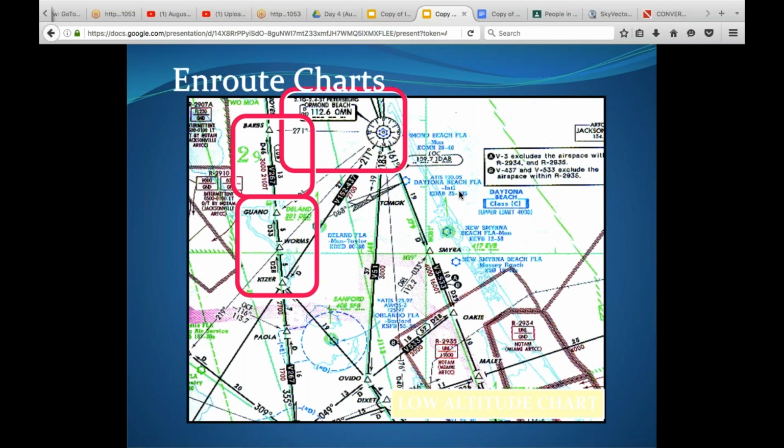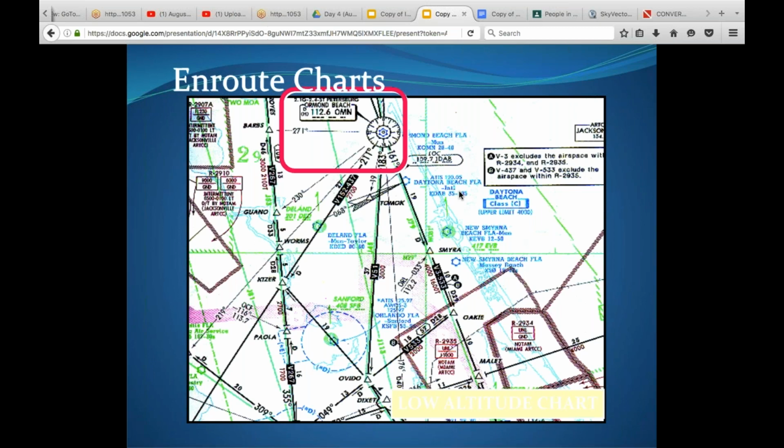That first red box that popped up on the very top in the center is just identifying a VOR. We already knew that that was a VOR, but what's important to know, if you want to back up just a little so we can only see that box really quick, is we get a lot of information in this communication box that identifies what VOR it is.